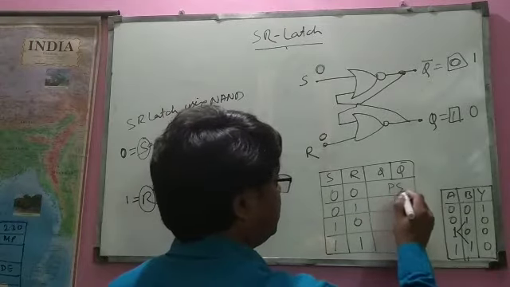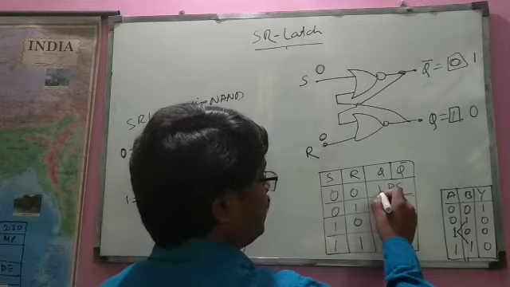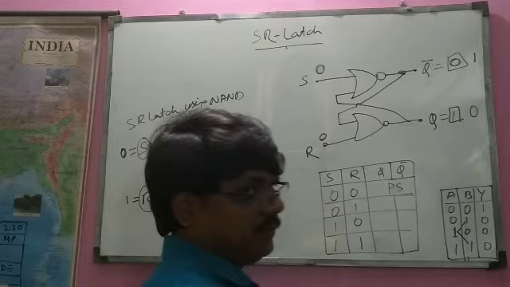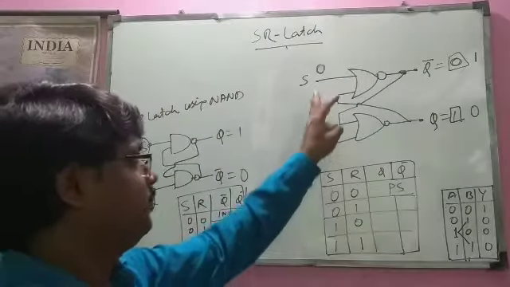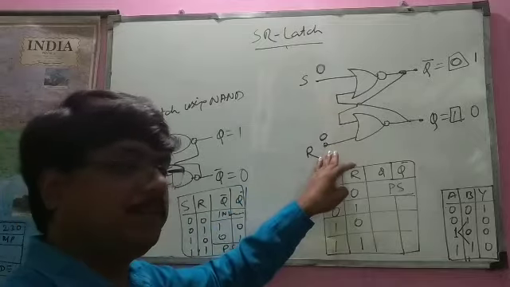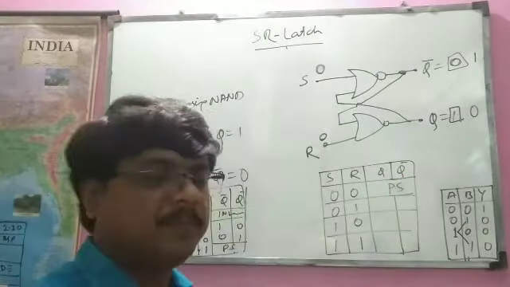It will remain in the previous state. If it was 1, it will remain in the 1 state. If it was 0, it will remain in the 0 state. So by providing the input 0 0, its output is not going to change anymore.